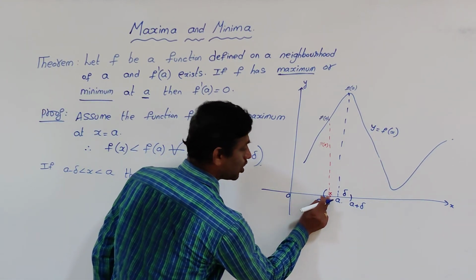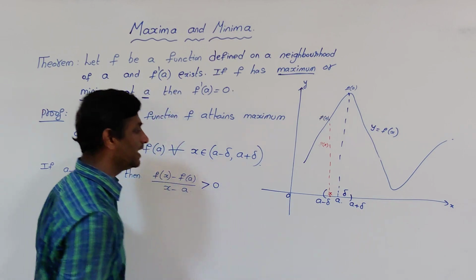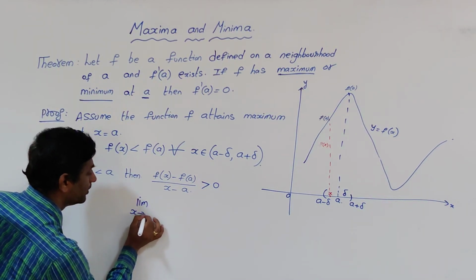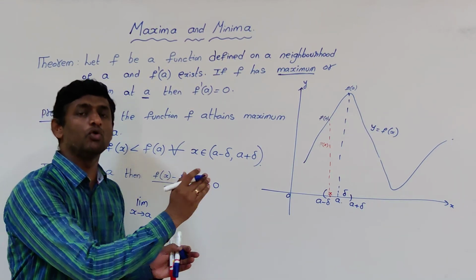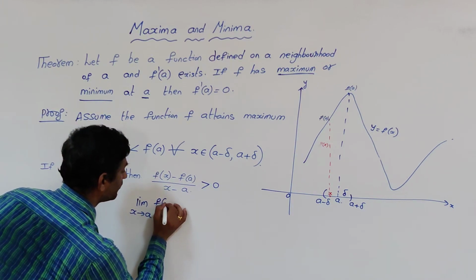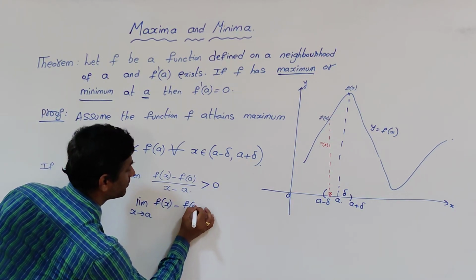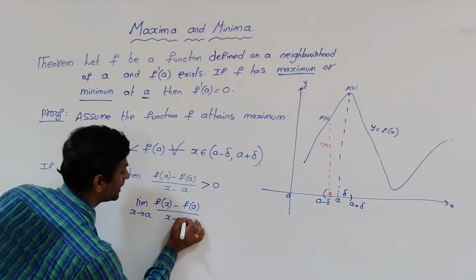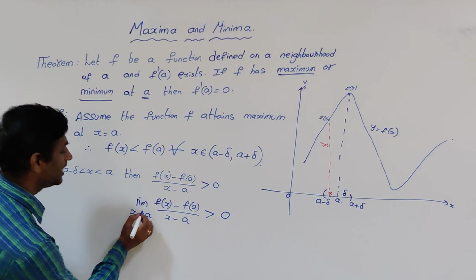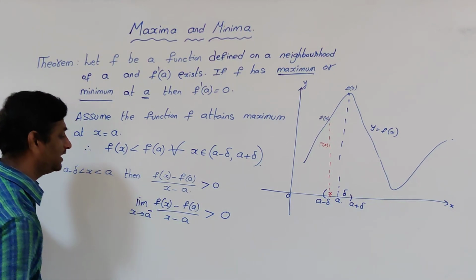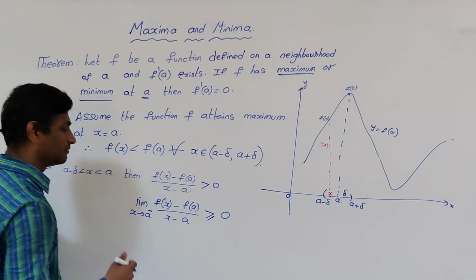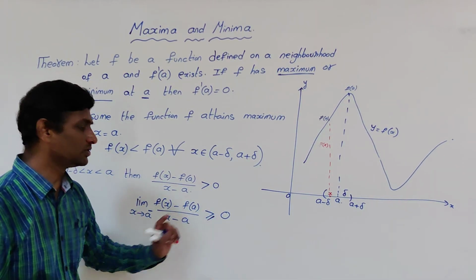But when x approaches a, what about the limit? Limit as x tends to a, if you move from the left side and reach a, then f of x minus f of a by x minus a will be greater than 0. So x is approaching a from which side? Left side, which means it will be positive or equal to 0.